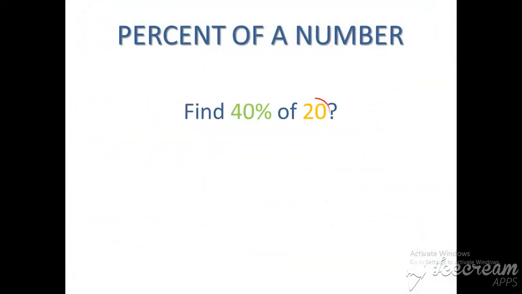Find 40% of 20. This is something like finding a certain fraction of 20. Solve it yourself. Since percent is a special fraction with denominator 100, 40% means 40 hundredths of 20, which means times 20.